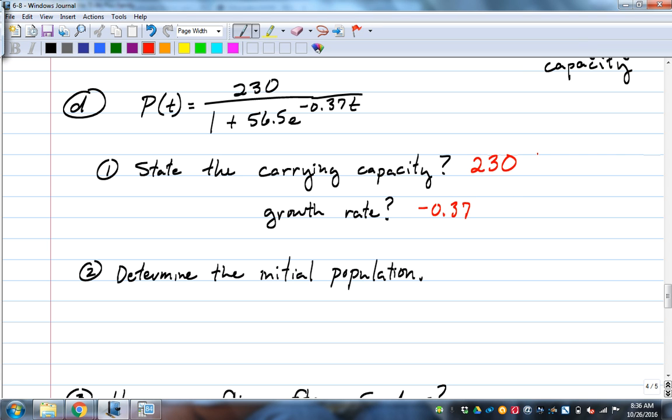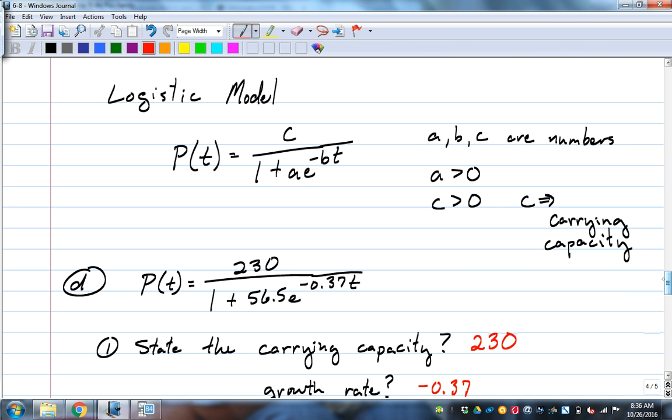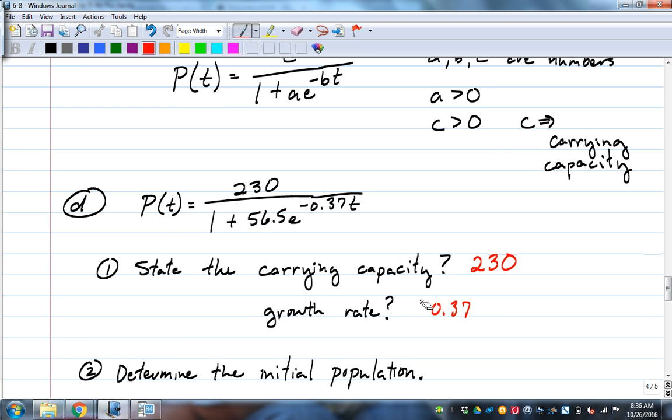And actually, the negative's already in there, look up here. So actually, it's just 0.37. Or how could you express that as a percent? 37%. Sometimes they're going to ask you for a growth rate, and they're going to express it as a percent growth rate or decay rate.